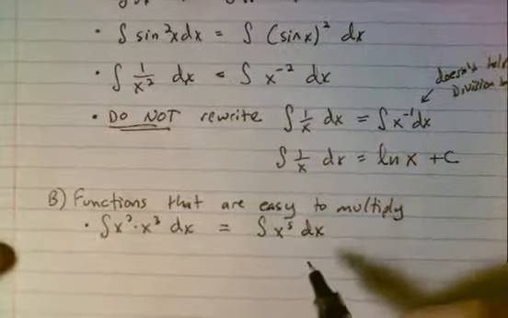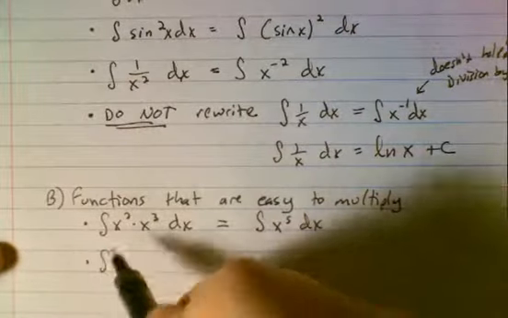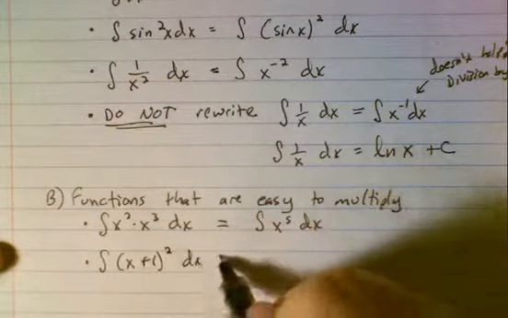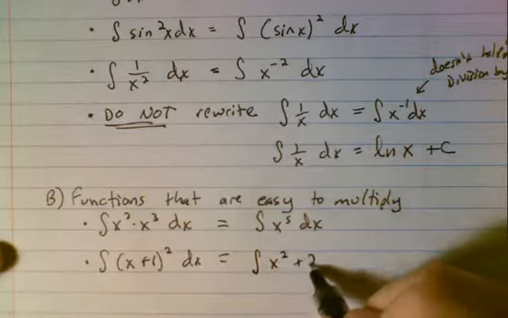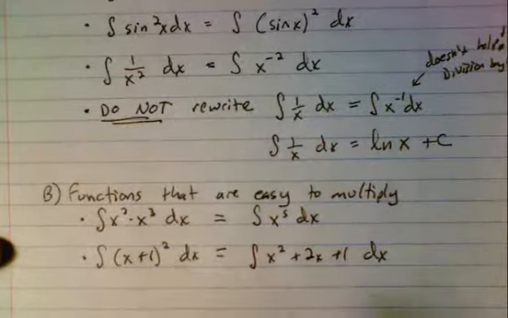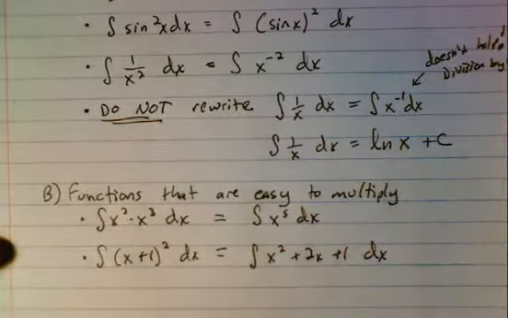That makes it possible to take the antiderivative. What we also saw in earlier lessons, if we have something like x plus 1 squared, we should rewrite that by expanding it so that we have something we can use the power rule on.